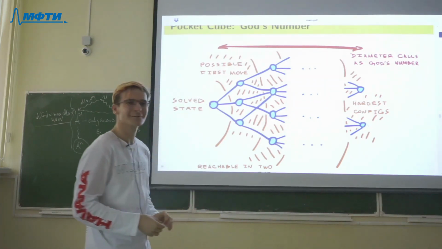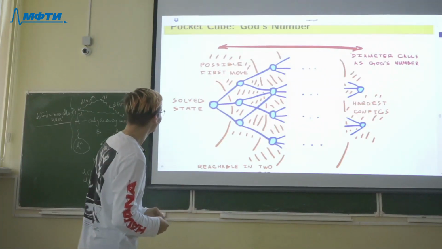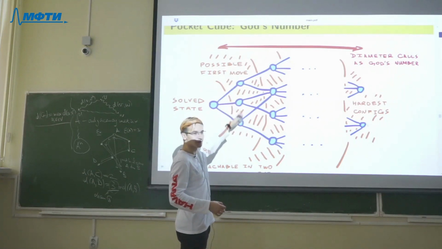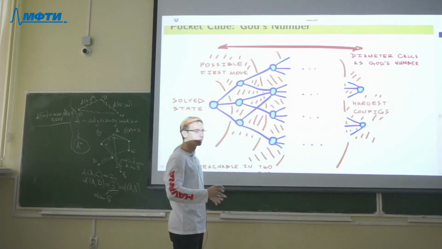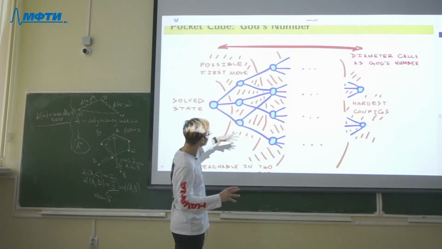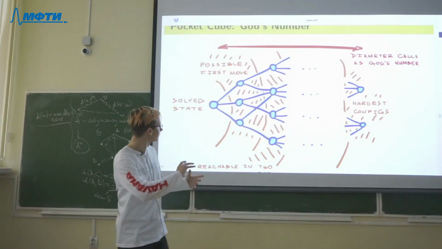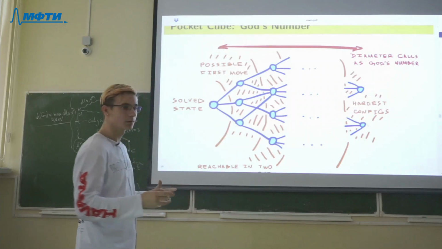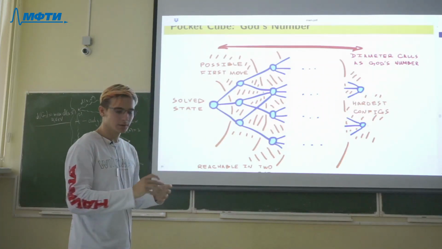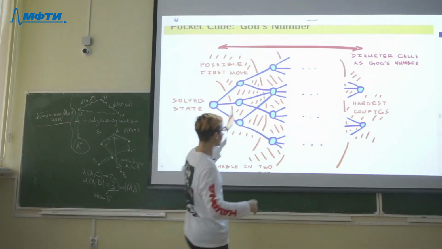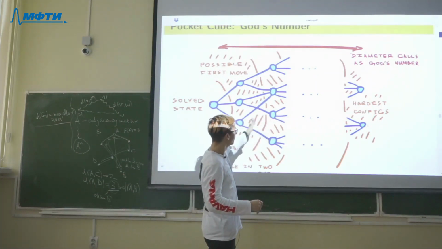Yeah, it's similar to a neural network. And the first wave of vertices equals the states that we can get when we use one move. Then when we use 2 moves, we get the second wave, etc.